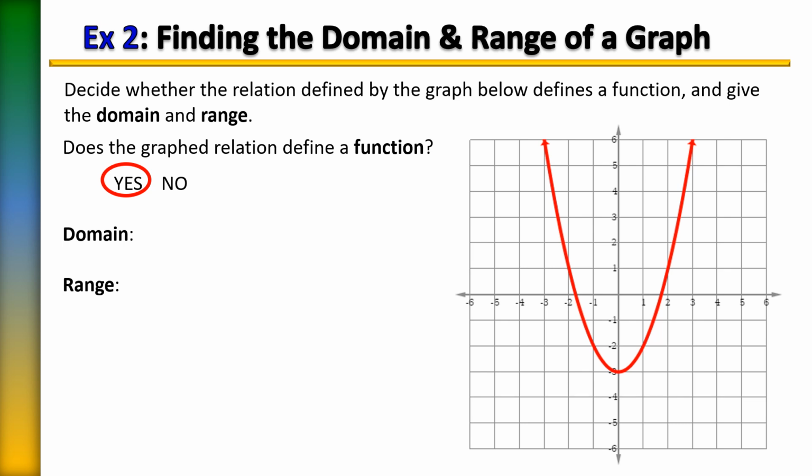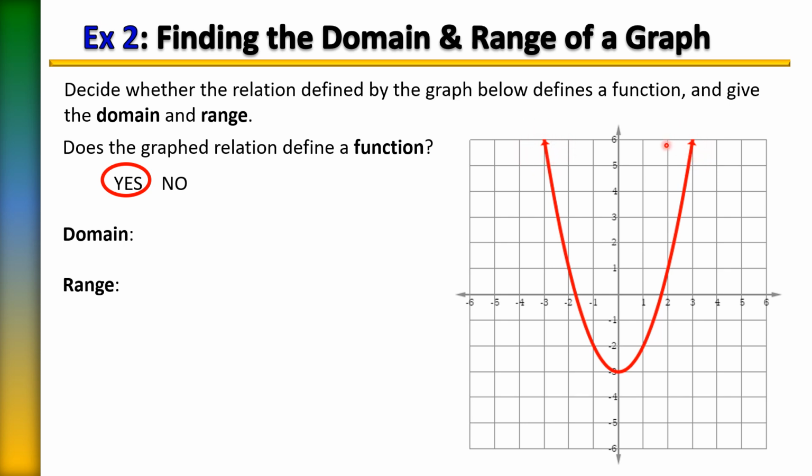So recall the domain of the function. We want to know how far this graph extends to the left and to the right. One thing you have to remember here is that this parabola has arrows on both ends.